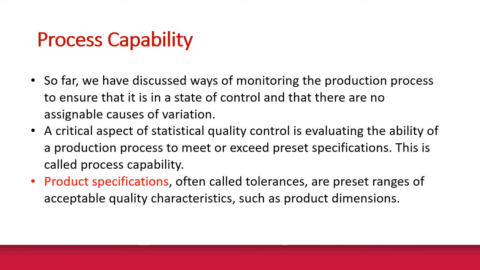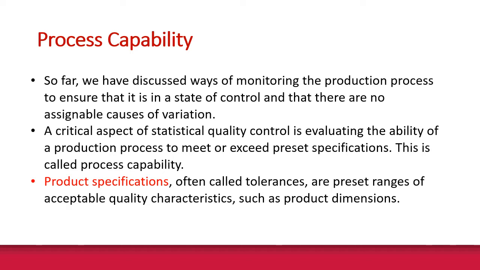So first, it's important to understand what product specifications are. These are often called tolerances. These are preset ranges of acceptable quality characteristics, such as production dimensions. For example, if we're manufacturing lumber and our production process is producing 2x4s, there are certain tolerances on the width and the length and the thickness of a 2x4 when they're manufactured.